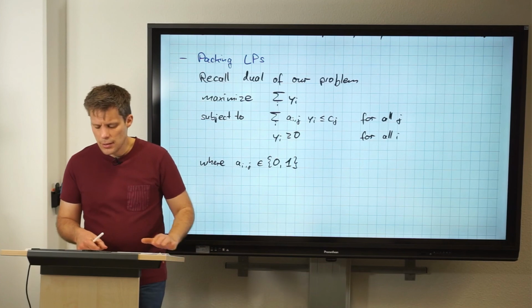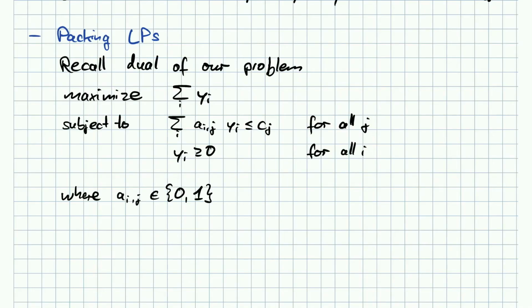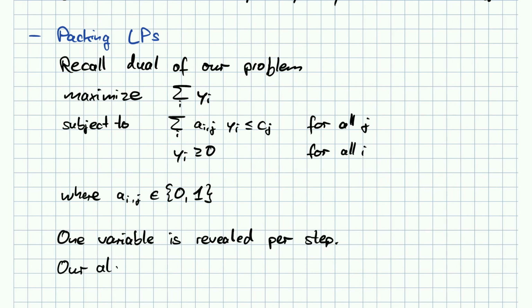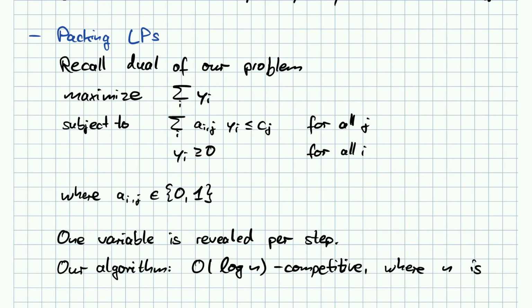And then we are getting the following. One variable is revealed per step, and our algorithm will be O of log n competitive, where n is the number of packing constraints.